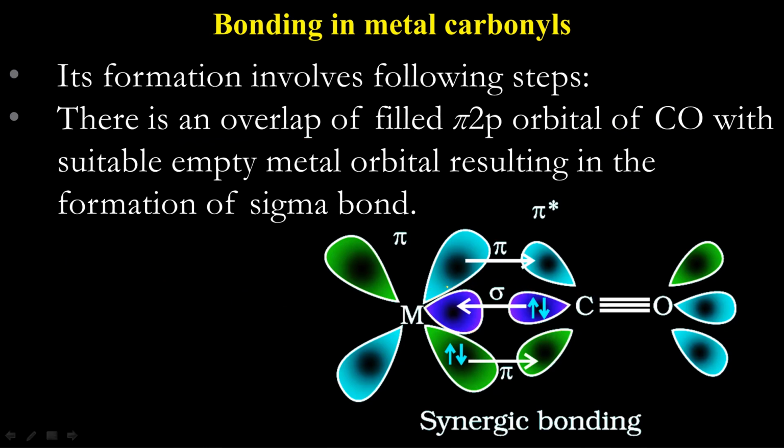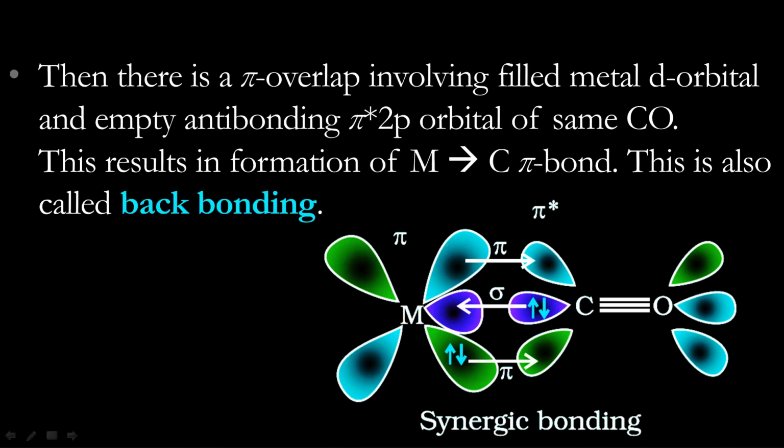This is an important point. The metal has pi electrons here. The metal pi overlap involves a filled metal d orbital and the empty anti-bonding pi 2p orbitals of the same CO.